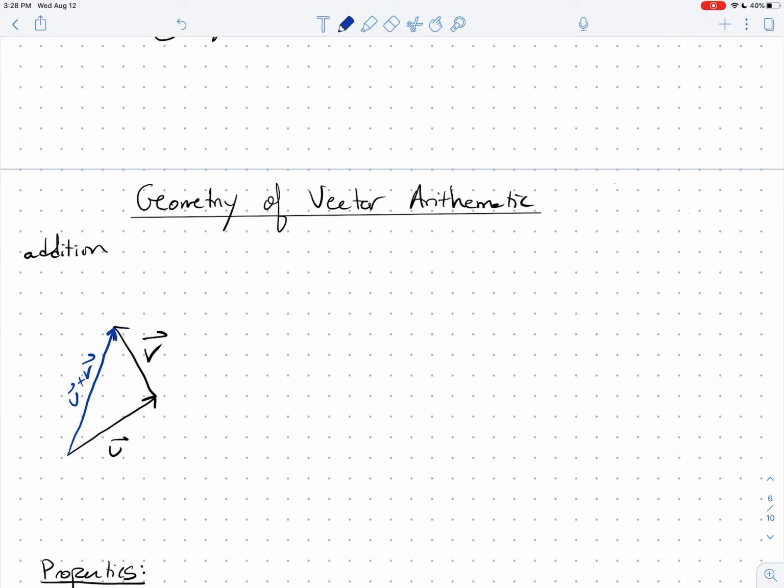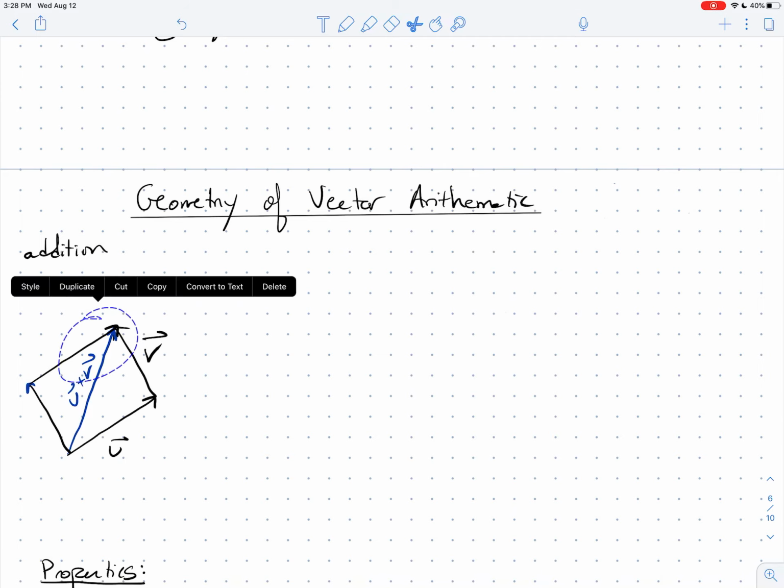And you might want to know, well, what if I change the order? What if I put, let's actually copy this v. What if I put v over here and I go that way? Perfectly fine. You'd put v there, and then you'd copy u, and you would put u at the head of your v, and you end up with the same picture. You get this parallelogram.